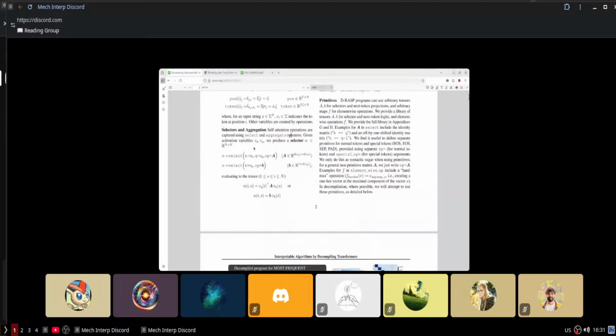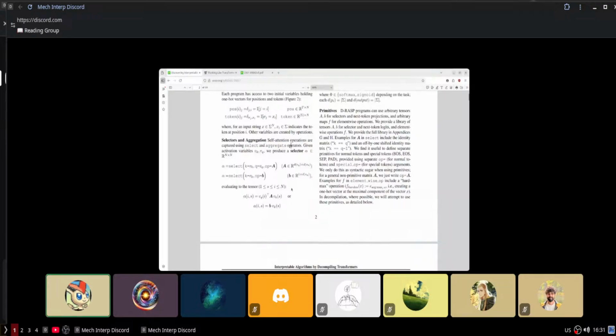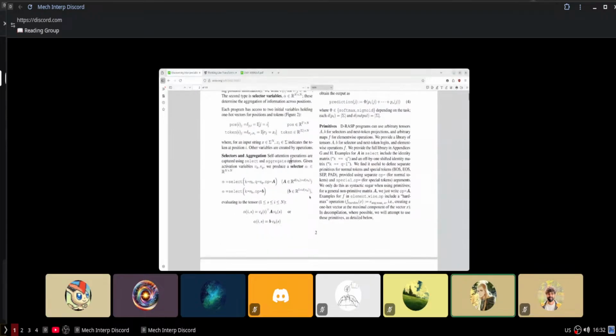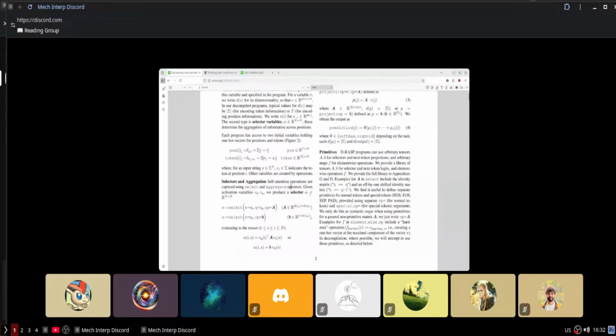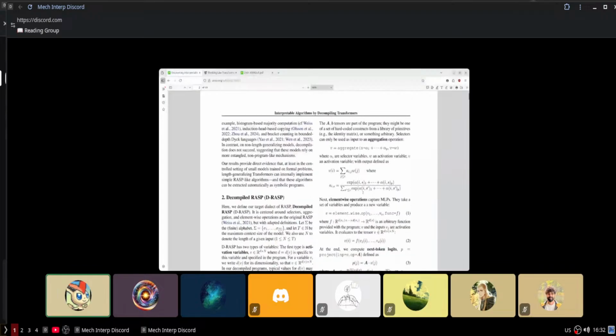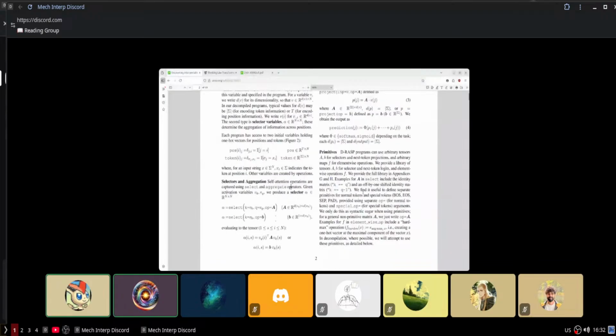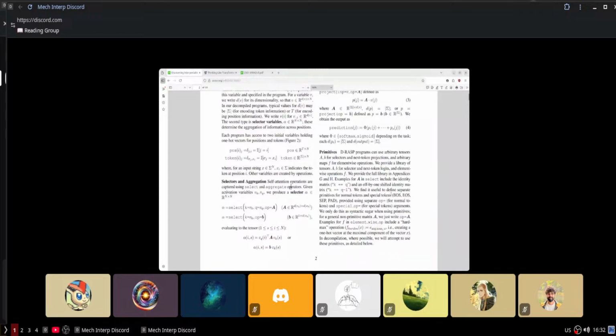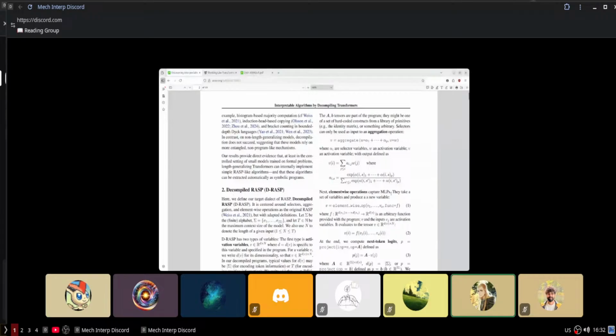I think that's just the ith column. Obviously, this Python notation is superior to whatever mathematicians use. But this notation is confusing.